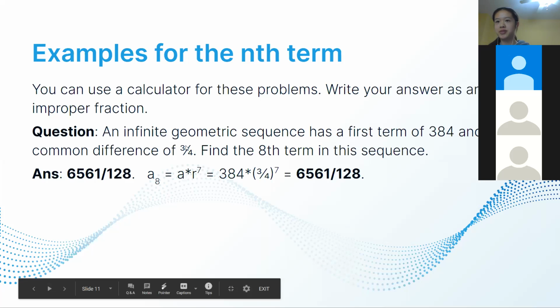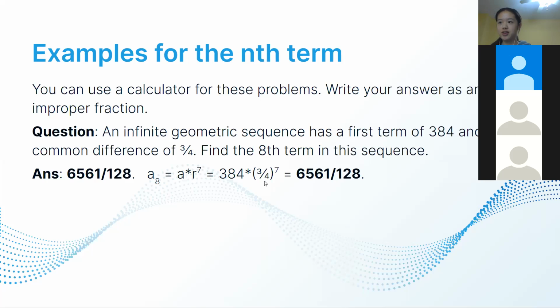Yeah, you only put parentheses around the fraction, and then you raise the fraction to the 7th power. So fraction, exponent 7. That's fine. Just make sure parentheses are pretty important, because if you just write 3 divided by 4 raised to the 7th, that can give you a weird answer.